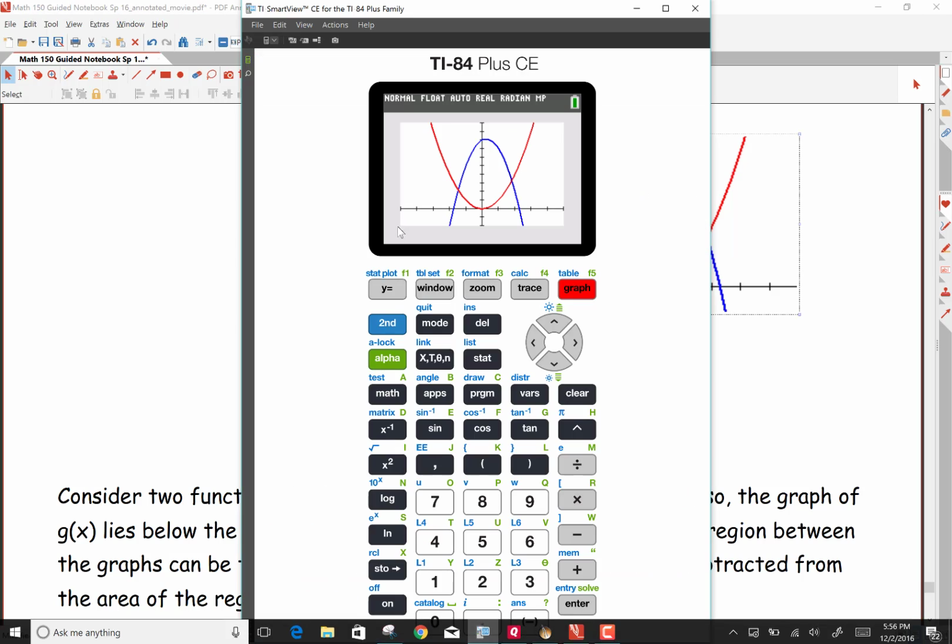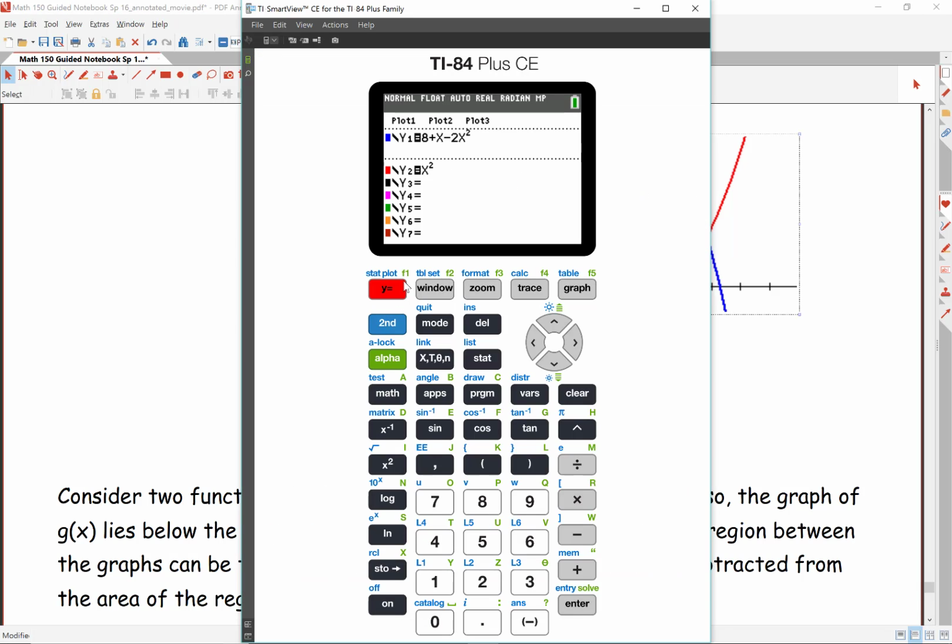I'm going to go to the y equals, and then I'm going to keep the initial graph and we'll clear out this one, and see how that graph looks. Okay, and that's good. So now we'll copy this one.